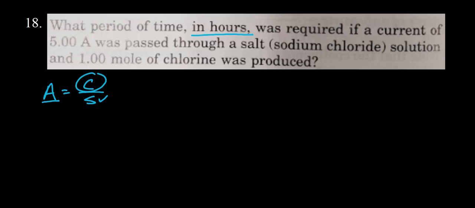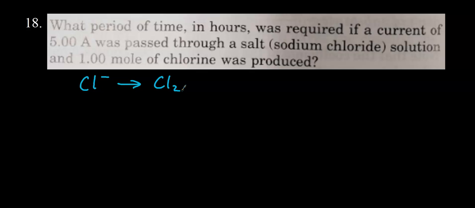All right, so let me help you a little bit with our half reaction here. In a solution of sodium chloride, we have sodium ions and we have chloride ions. What we're talking about here is taking the chloride ions and producing chlorine gas. So what must happen to chloride ions in order to make chlorine? Are the chloride ions oxidized or reduced?